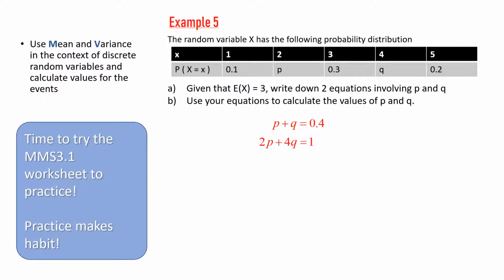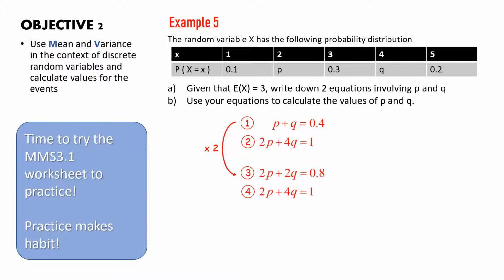To do this, I'm going to multiply the top equation by 2. Instead of p plus q is equal to 0.4, I'll get 2p plus 2q is equal to 0.8. And then I can take the other equation, and because the two signs are the same, we're going to subtract. When I do that, the 2p minus 2p will disappear. 4q minus 2q gives you 2q. 1 minus 0.8 gives you 0.2.